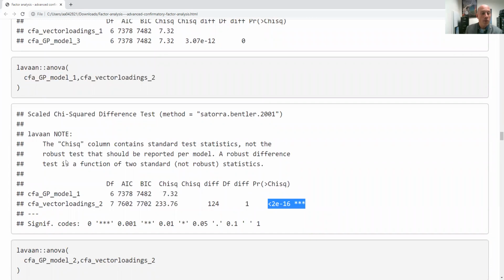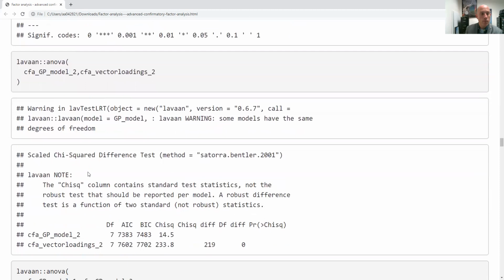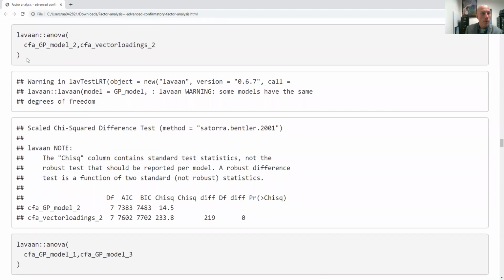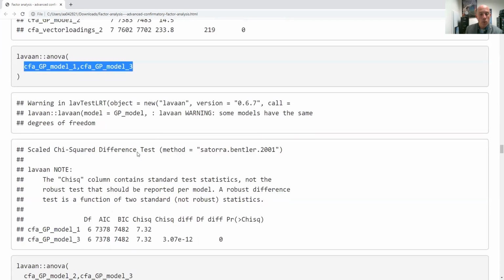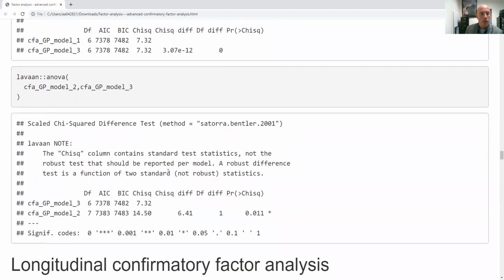So we want the simpler one. And when I compare these two, they're not comparable to each other. And when we go with these two, they're not comparable. And when I look at these two together, model 2 with model 3, we have statistical significance, so we would want the simpler one.